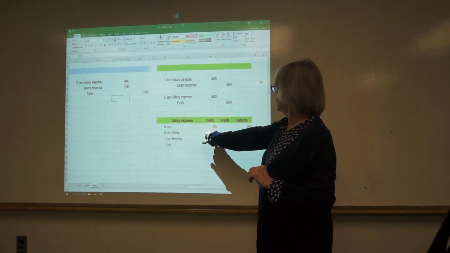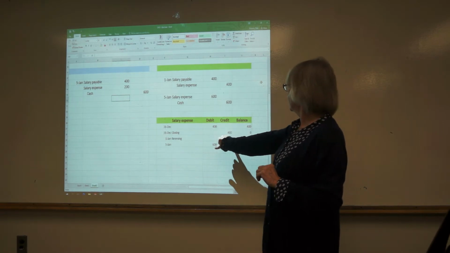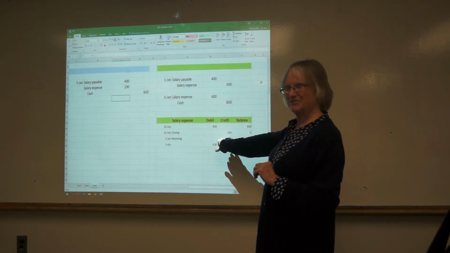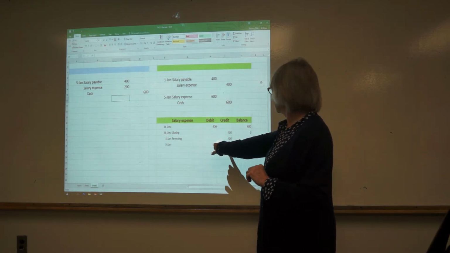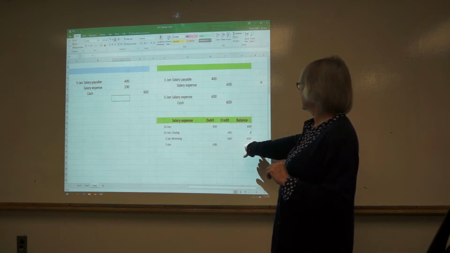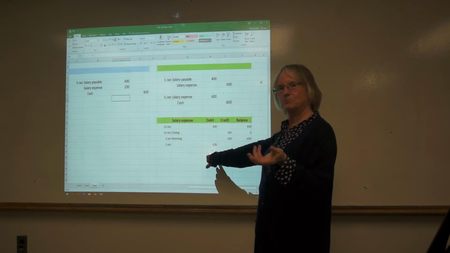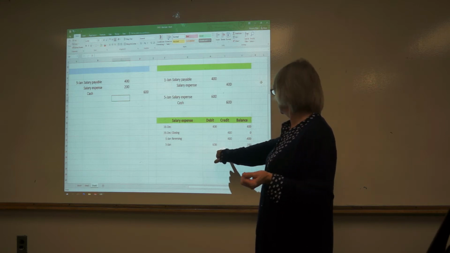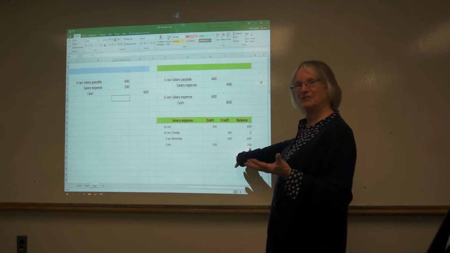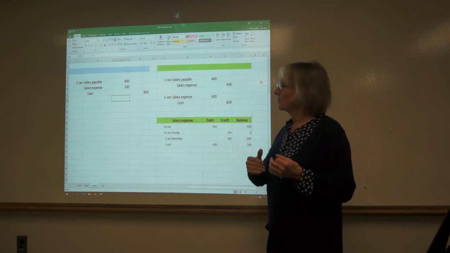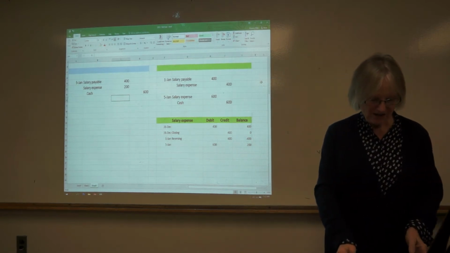So here's December 31st, you get salary expense. December 31st, you close it. Now, here's the reversing entry. It gives you a negative balance here. So when the bookkeeper writes the check, just salary expense and cash, 600, you end up with the right balance, okay? So those are your reversing entries.